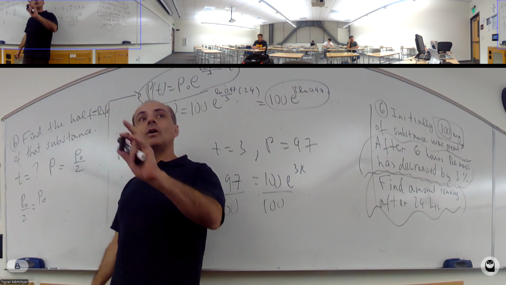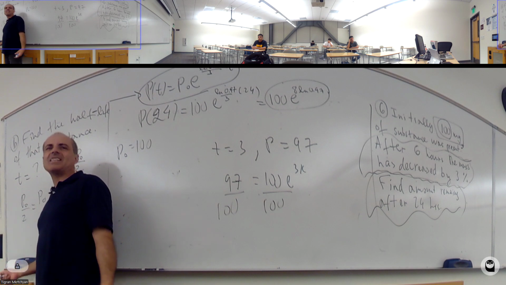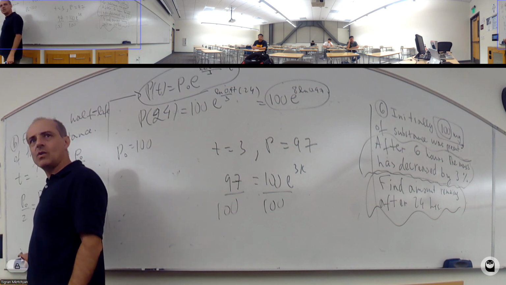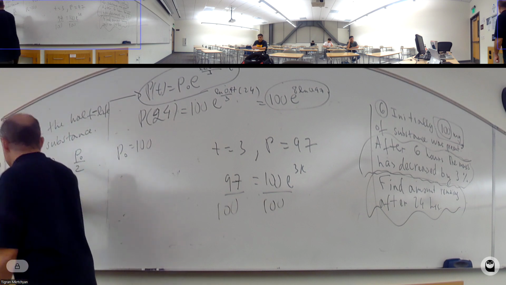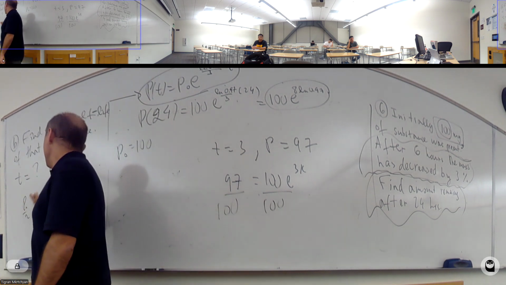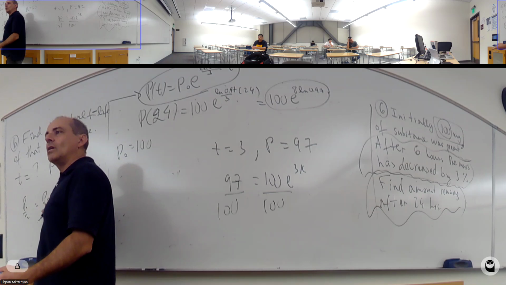You can always find the half-life even without having P0. But in this case, we do have the P0. The P0 was 100. Does that make sense? So maybe I can do a little better job here. If we didn't know the P0, I can cancel it, so it's not gonna play a role.